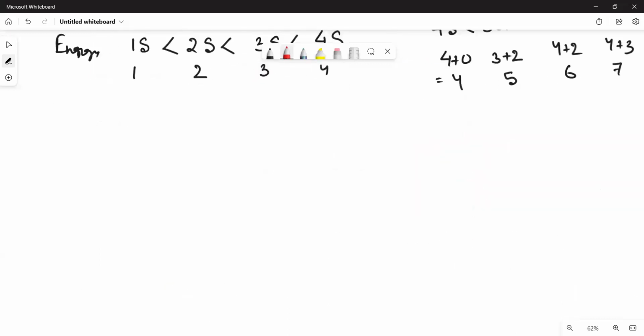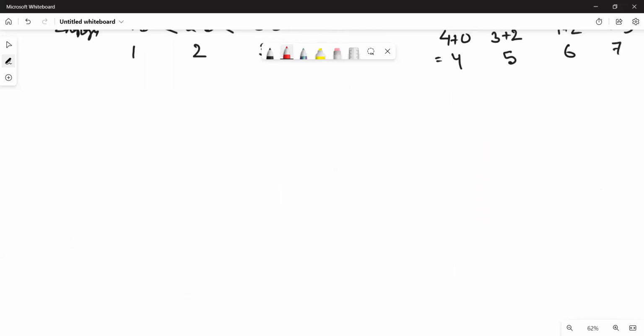Now another condition may come where you will find 3d, 4p, and 5s, right? You have been told to write the sequence of where the electron will go first.